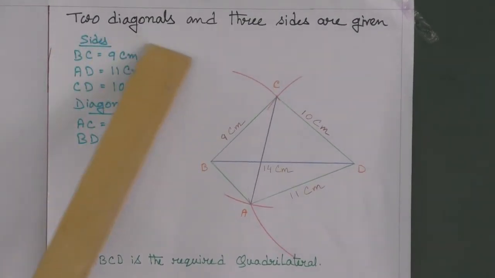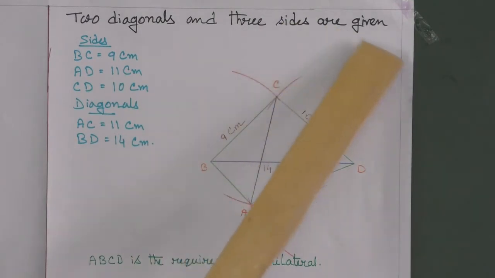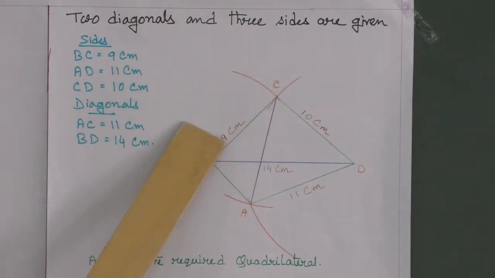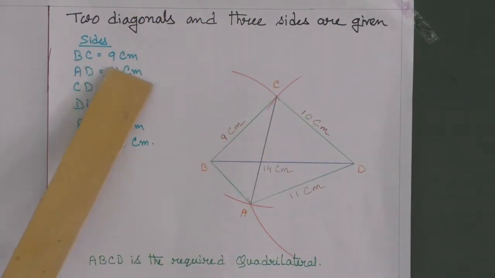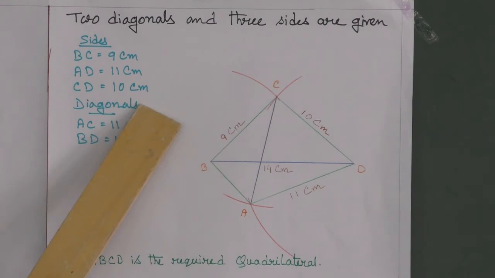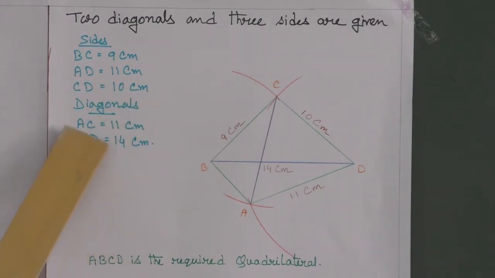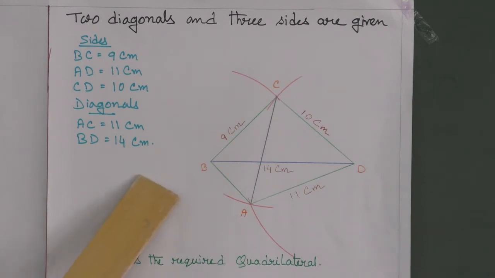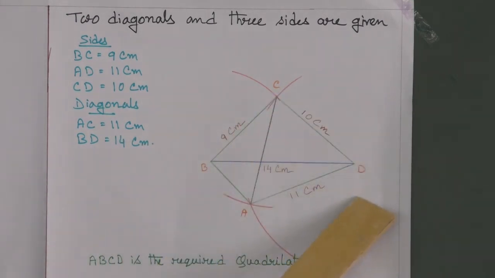Next, 2 diagonals and 3 sides are given. Check the measurement list. BC 9 centimeter, AD 11 centimeter, CD 10 centimeter and the diagonals are AC 11 centimeter, BD 14 centimeter. So again using our previous knowledge, first we will draw triangle BCD.